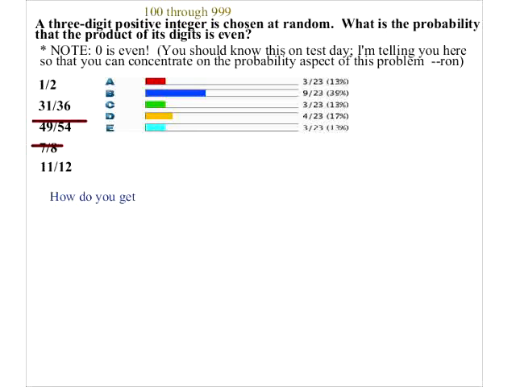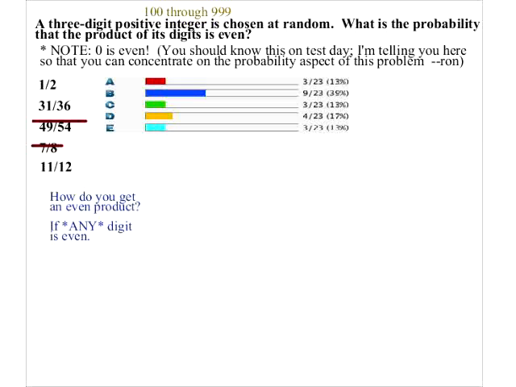That's not necessary, and if that were necessary, you would have a much smaller probability than this, because the chance that all 3 digits are even is pretty small. The way that you get an even product is if any digit at all is even. And remember your number properties, if you multiply an even number times absolutely anything, you get an even number.